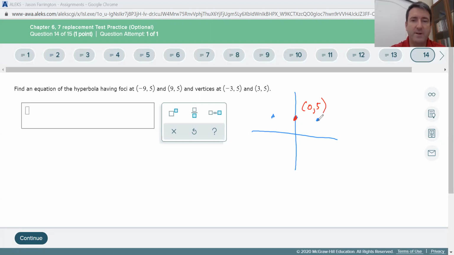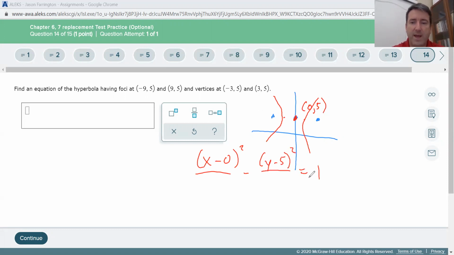Because now we know that if our vertices are out here, the vertices are here and here, and so this is going like this. So we know the x is going first, so x minus 0 over something squared minus y minus 5 squared over something is equal to 1. And then this distance that we're going out here to the vertices is 3.